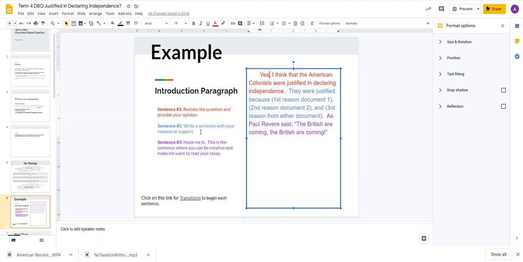Now, write the sentence with your reasons of support. So they were justified because, and we put here the first reason from document 1, second reason from document 2, and third reason from either document. So my first reason was they had to share homes with the British soldiers.